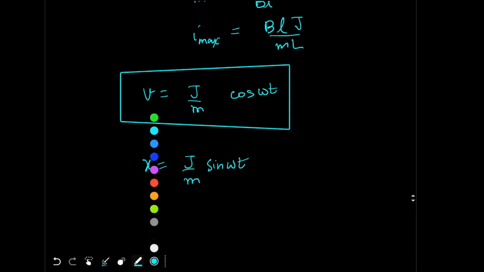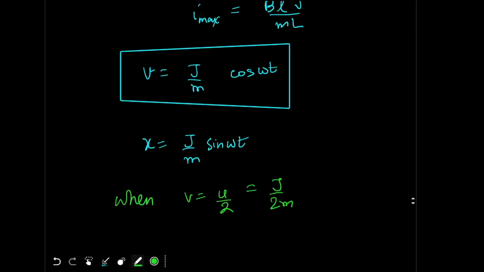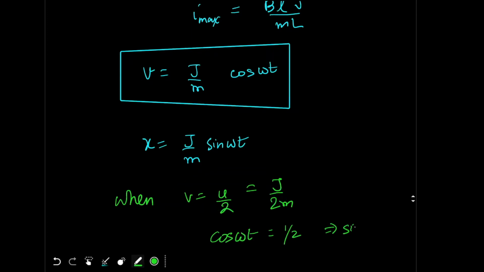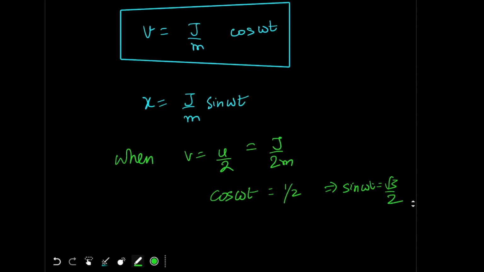Now, according to the question, when V is equal to U by 2, half of the initial velocity, that is J by 2M. Put V over here and you will get cos omega t is equal to 1 by 2, and that means sin omega t will be equal to root 3 by 2.